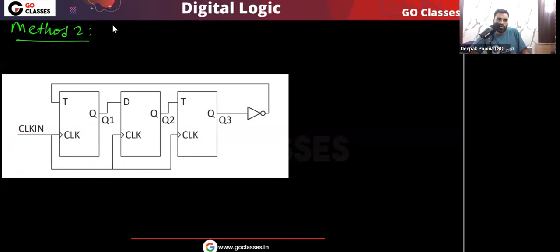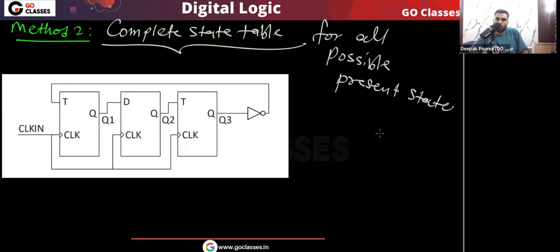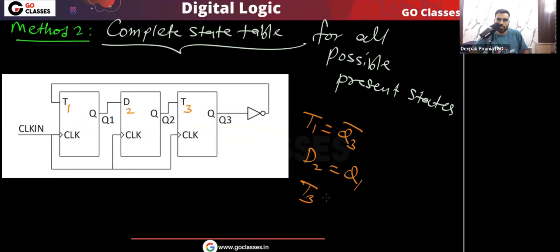Let's see method number 2. In method number 2, what you do? You just make the complete state table, means basically for all possible present states. Now we already know that this T1 is same as Q3 complement, and this D2 is same as Q1, and this T3 is same as Q2.